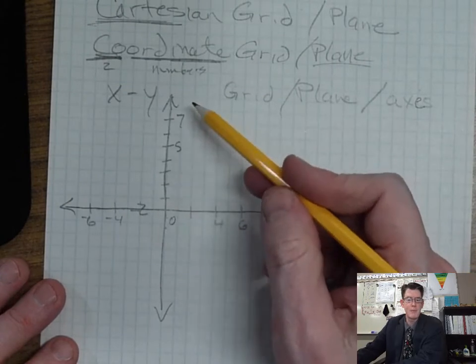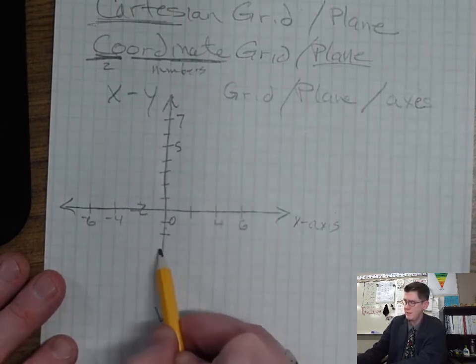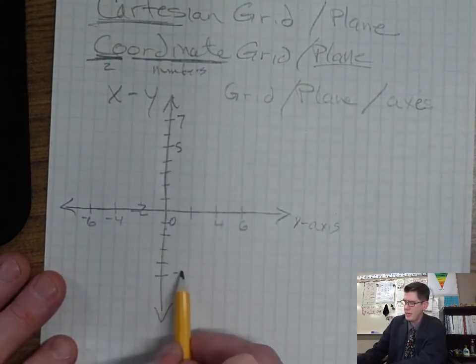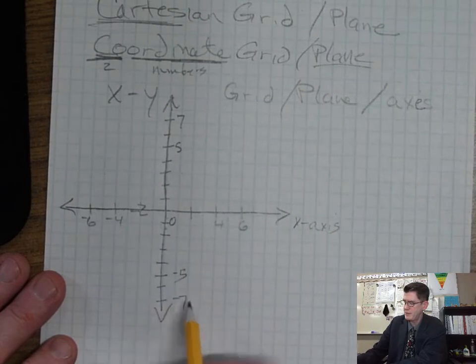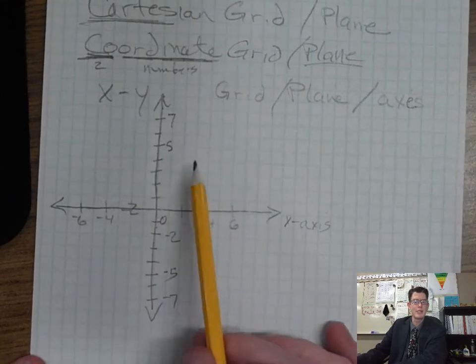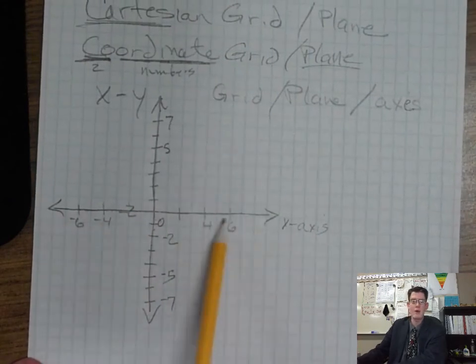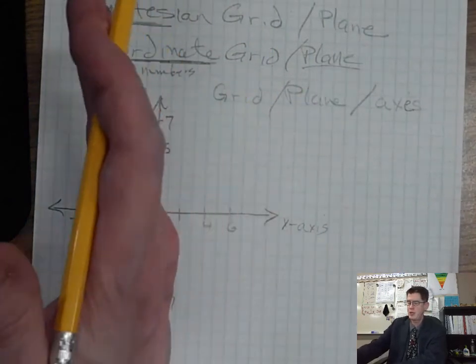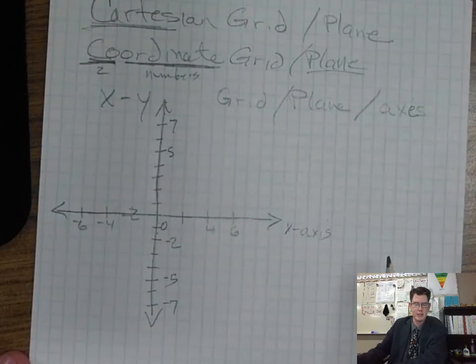The numbers going up this way, and then down here the numbers go negative. Negative 3, negative 4, negative 5, negative 6, there's negative 7, negative 2. So it's simply two number lines. That's all this grid is. The one you already know about, and if you picked it up and turned it and set it back down, the other one. That's all it is.